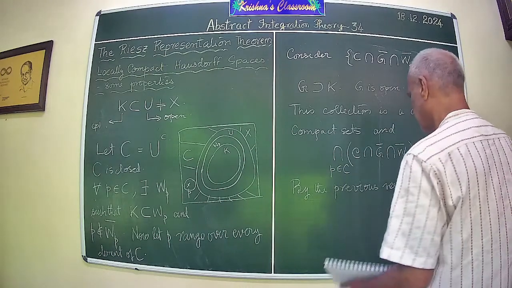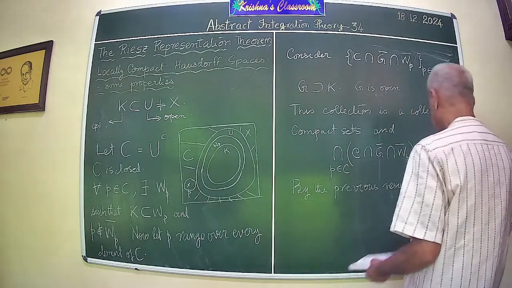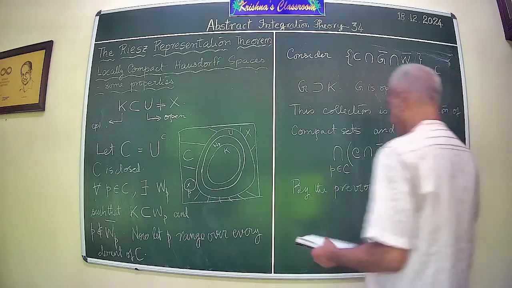That is the reason. By the previous results, there exists a finite subcollection.